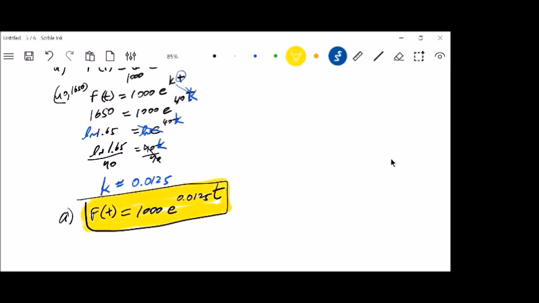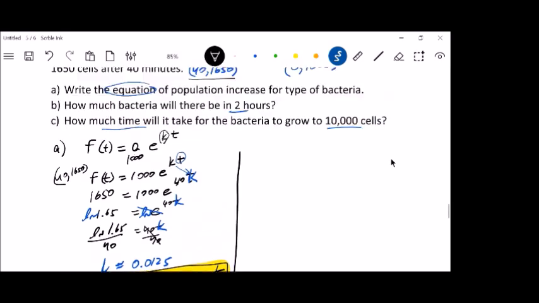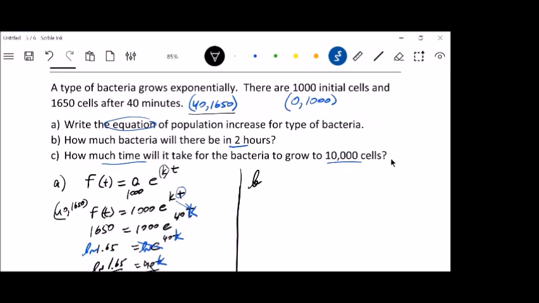And now let's use it for the other two things. So for B, in 2 hours. So the equation F(t) equals 1,000 e to the 0.0125t. So the function after 2 hours. Now, let's think about this for a moment. e to the 0.0125.